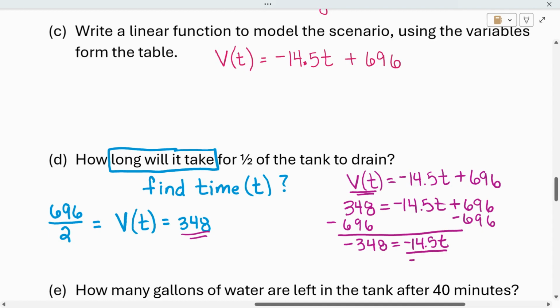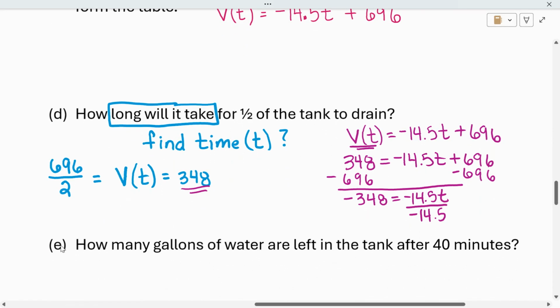Then I will divide both sides by negative 14.5. And when I do that, I find out that t equals 24. Now remember, t is our time in minutes. So how long will it take? It will take 24 minutes to drain half of the tank.